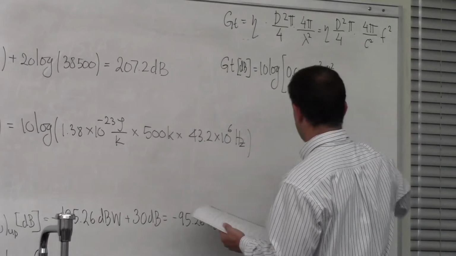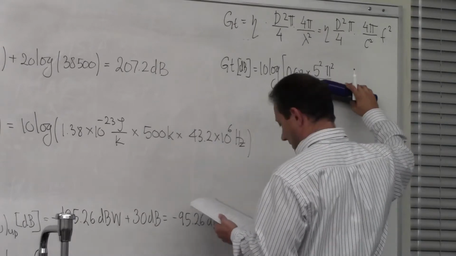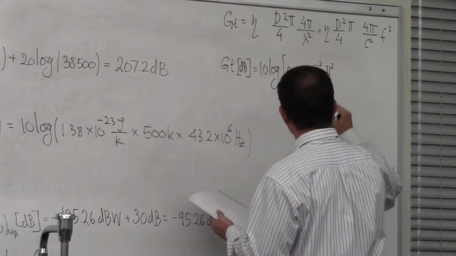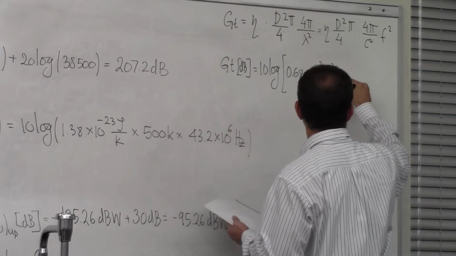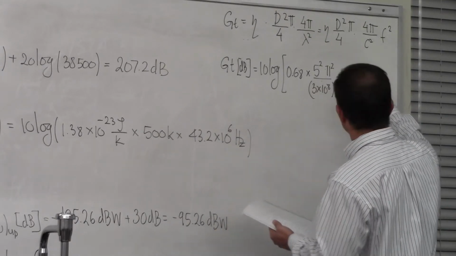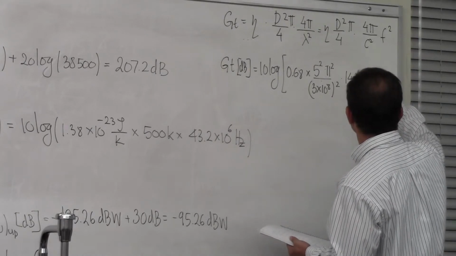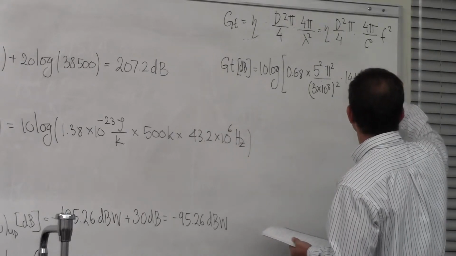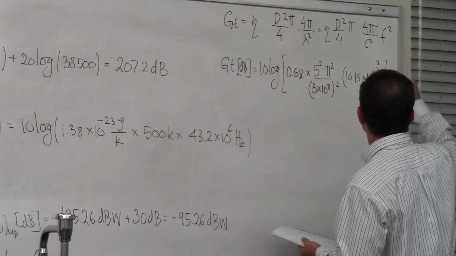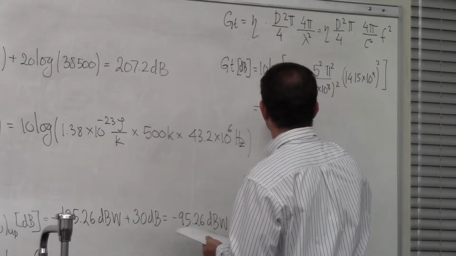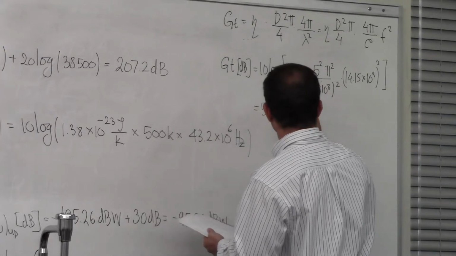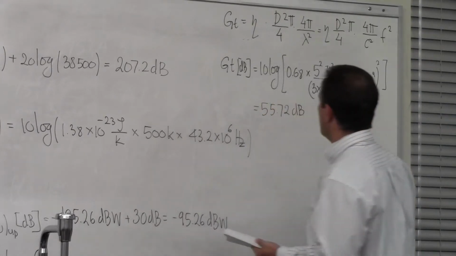Actually 4 and 4 I can cancel. So I can say 3 times 10 to the 8, squared, and times frequency squared, which is 14.15 times 10 to the 9, quantity squared. And when you calculate this antenna gain, this is 55.72 dB. That's a huge gain, right?